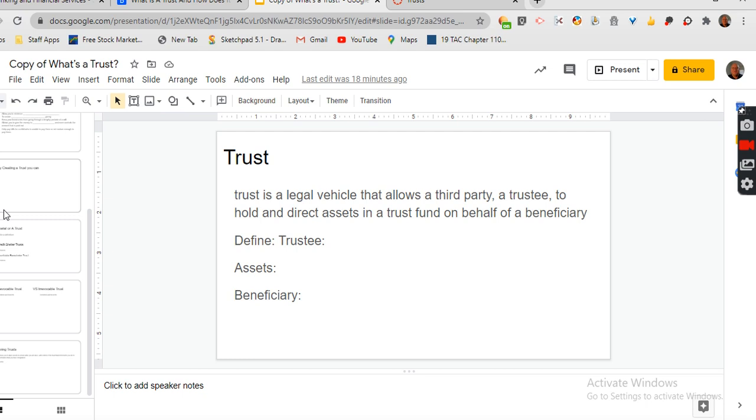Maybe it's for a church, or a hospital, or any other charitable organization, like the SPCA. You want to give them so much every year, so maybe you allot that money so the trust gives them money every year. So maybe you set up a trust for the animals.